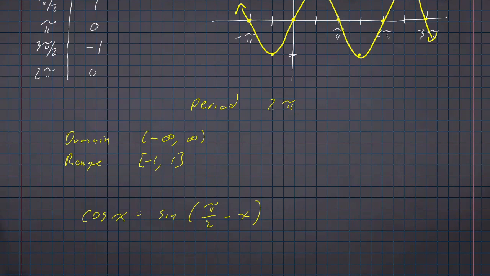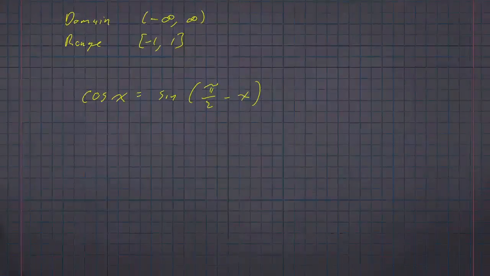Cosine means complements sine. So the complement of an angle, two angles add to be pi over 2. So we take pi over 2 minus x, and that gives us the complement cosine. So we can look at that without having to draw a separate graph. Instead, I'm going to move on to the next trigonometric function that has a unique graph, that being the tangent function.